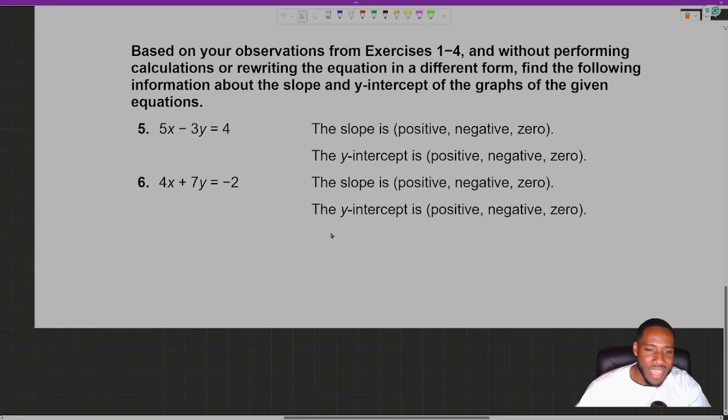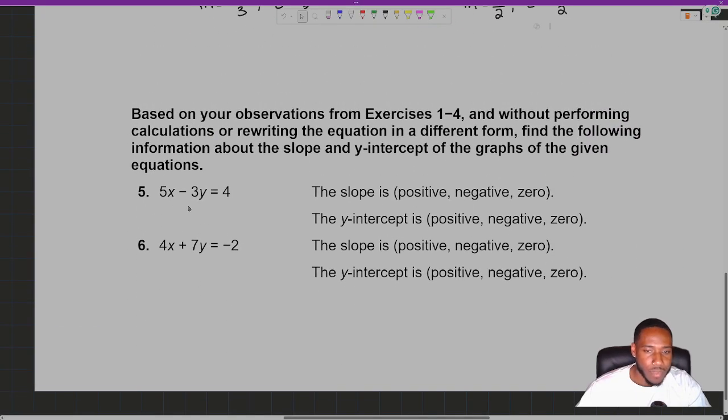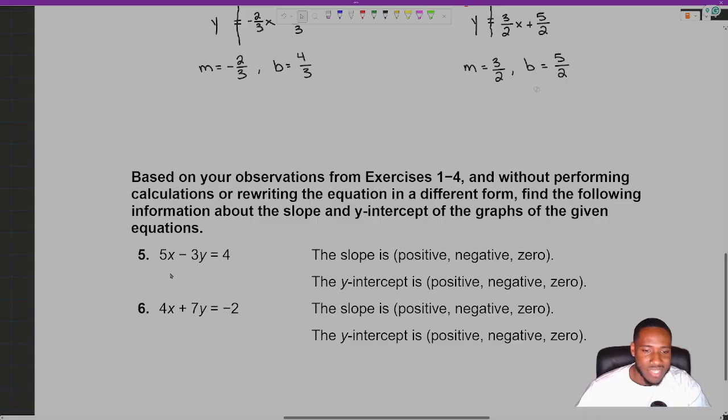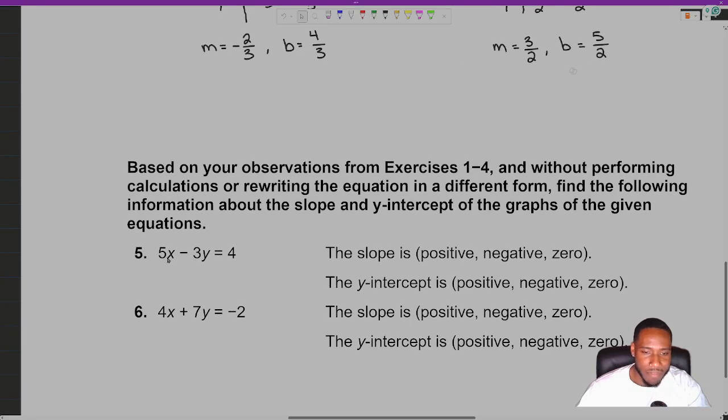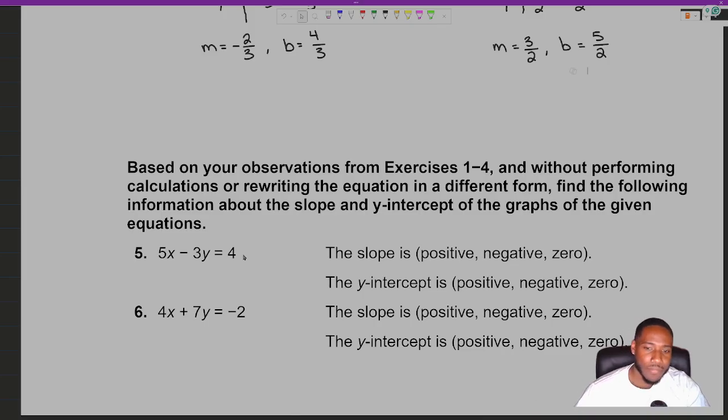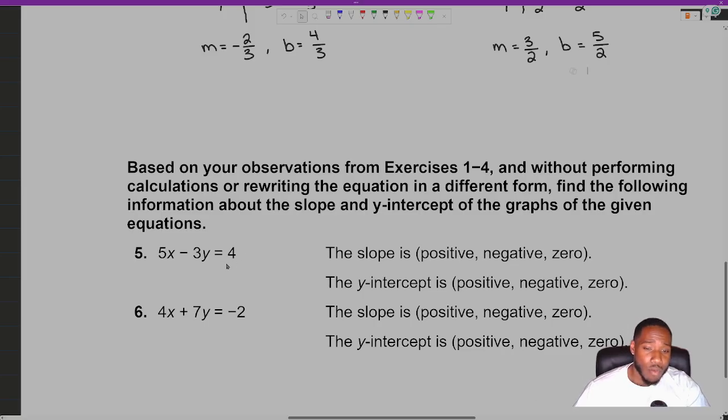And so if we're looking at our x term here, we see that it's a positive 5x, which means when we move it over to the other side of the equation, it's going to be a negative 5x, okay? So as of right now, our slope number, we're going to call it our slope number, is a negative number, negative 5x, once we move it over to the right side of the equal sign. 4 remains positive because we didn't do anything to it.